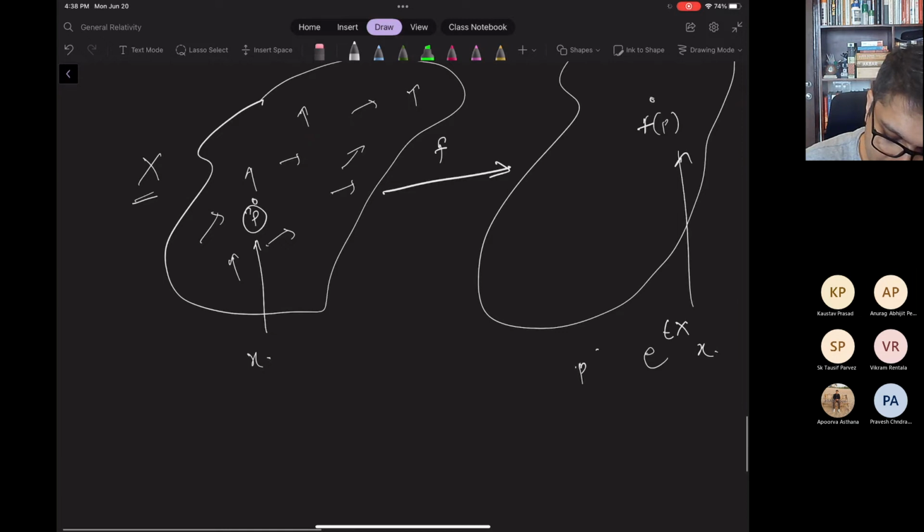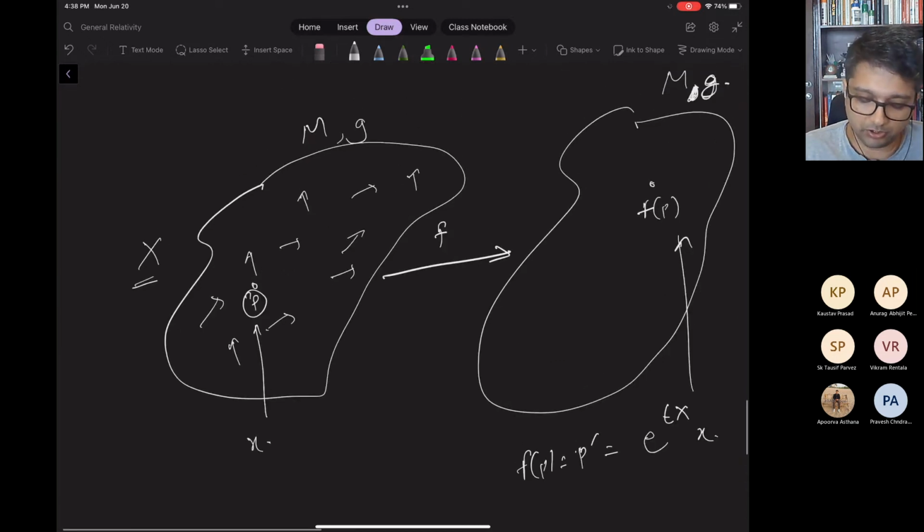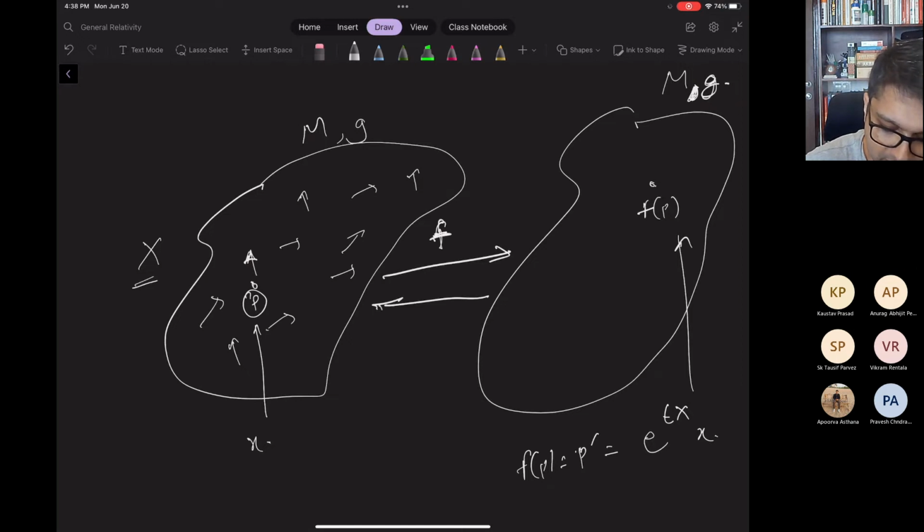This is the point P prime or f of P. So this is the mapping from this point to this point, and it's continuous, and sorry, it's a diffeomorphism. It has an inverse as well.